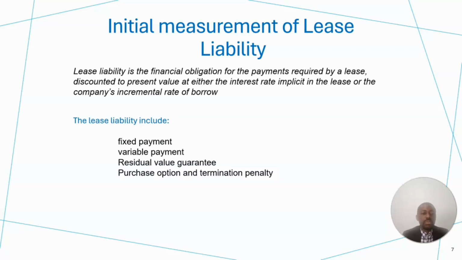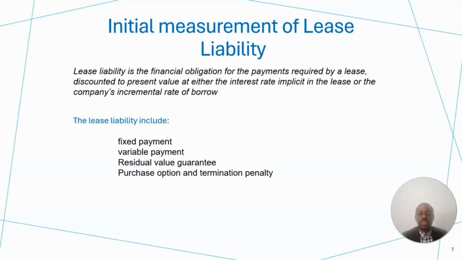The third thing you'll be looking at is residual value guarantee. You've leased a vehicle, and the owner of the vehicle is saying that at the end of the lease term, the value of this vehicle should not be less than 1 million. When you are returning the vehicle to me, I should be able to sell it for 1 million. So it's like a residual value guarantee.